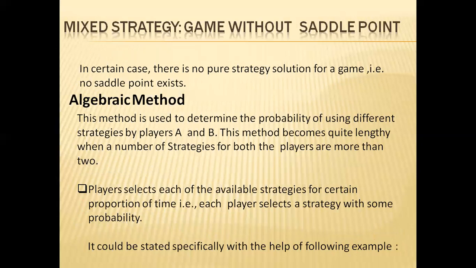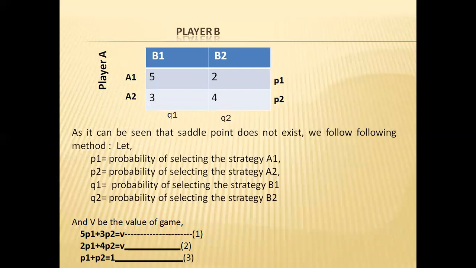So without a saddle point, it leads to game solving theory. We take a slight glance, considering P1, P2 and Q1, Q2 as the probabilities for selecting the strategies of different players on the A side and B side. P1 is the strategy of A1, P2 is the strategy of A2, Q1 is the strategy of B1, Q2 is the strategy of B2, and V is the value of the game.